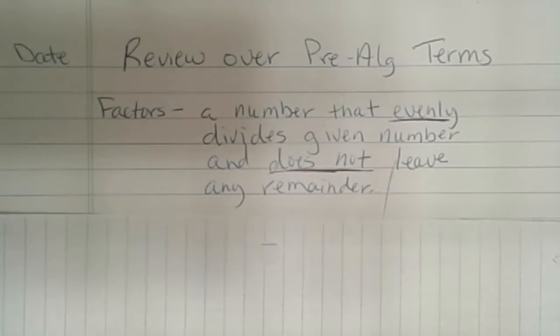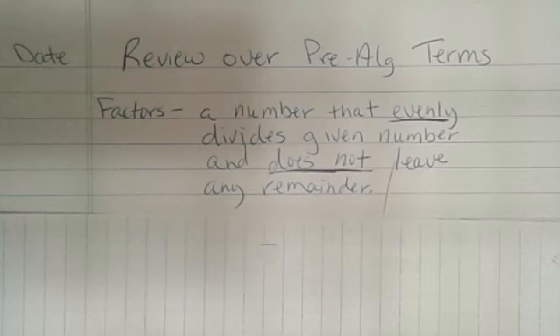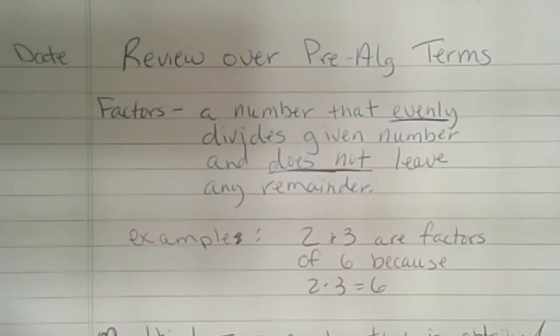Good. 2 and 3, because 2 times 3 is 6. What else can evenly go into 6? 1. Because 1 times 6 is 6, correct? So those are all factors. So an example is 2 and 3 are factors of 6 because 2 times 3 is 6.